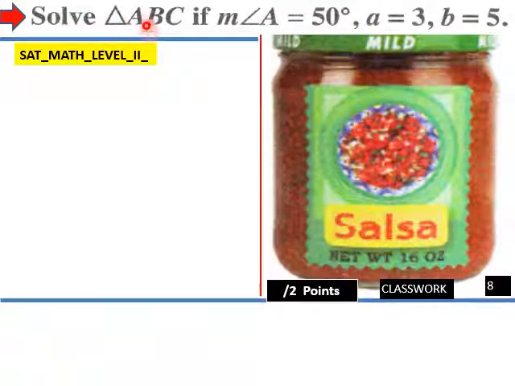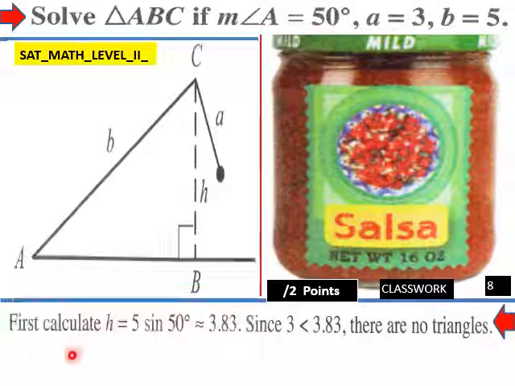Then solving triangle ABC where the measure of A is 50, a is 3, and b is 5. So in this situation here, we have no triangle. First calculate h. So b here would be 5, so 5 squared equals 3 squared plus h squared, and that comes out to being 3.83.